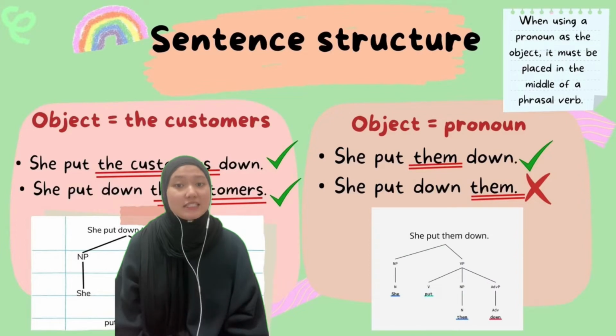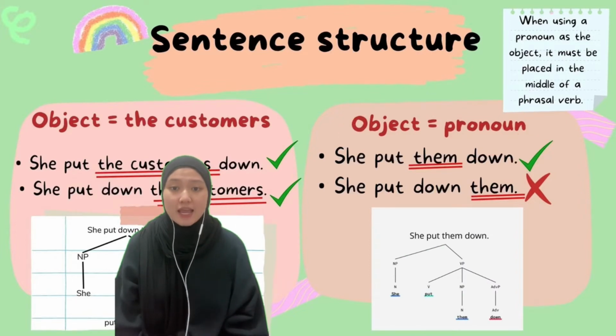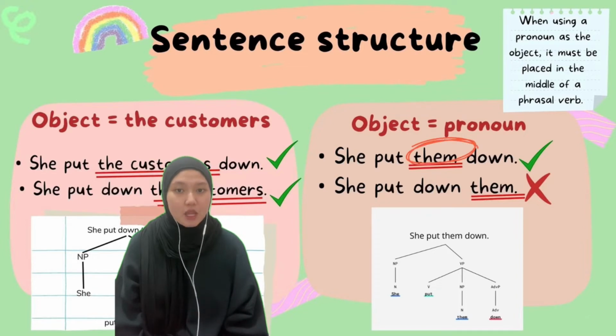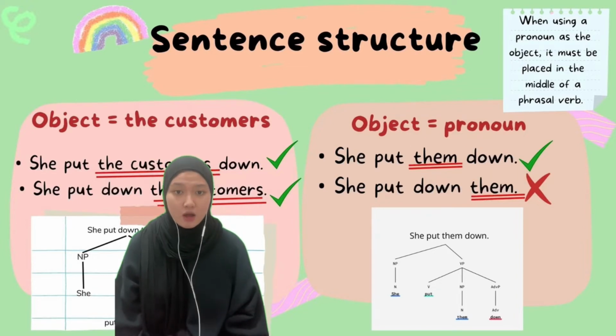But it is a different case if you are using a pronoun as the object of the sentence, as you must only place the pronoun in between the phrasal verb. Putting the pronoun after the phrasal verb is wrong, as it will change the intended meaning of the sentence.